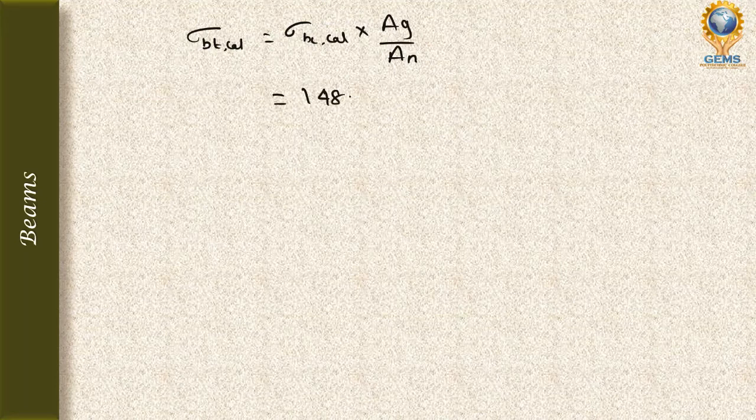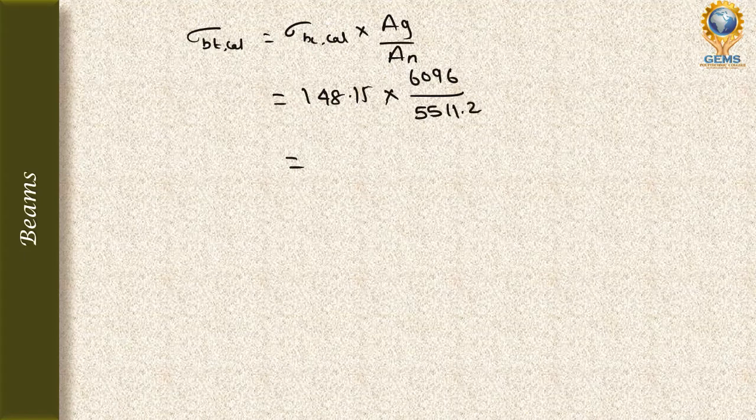So we know the AG value and AN value. Now we can find the sigma BT value. That is sigma BC calculated into AG by AN. So sigma BC value is 148.15 into 6096, that is the AG value, divided by 5511.2.